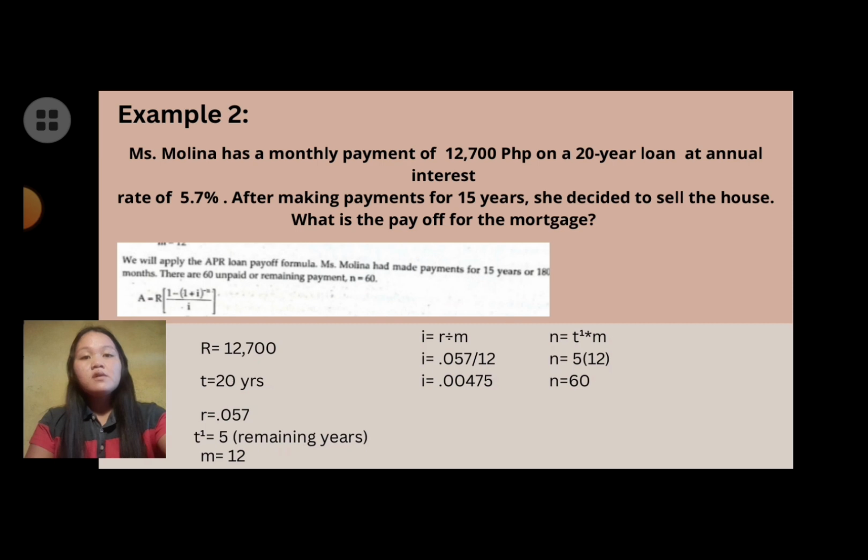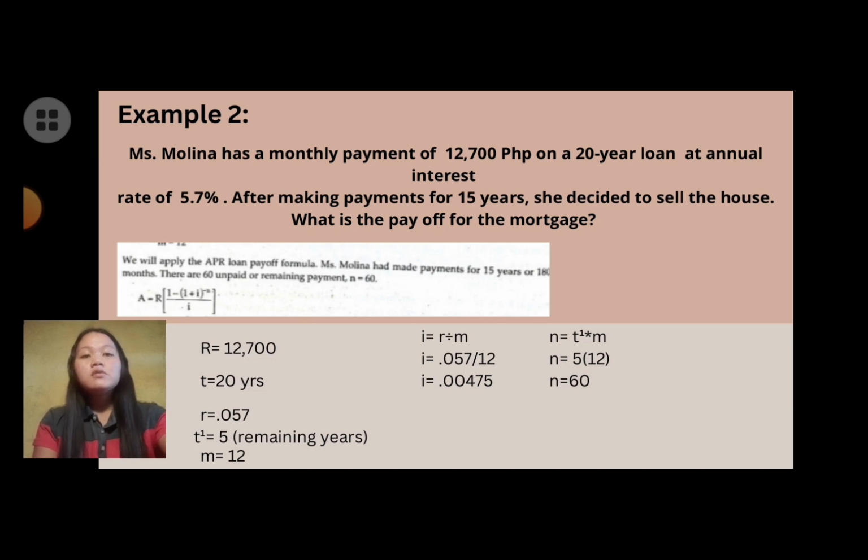So we will apply the APR loan payoff formula. In the example, Miss Molina had made payments for 15 years, and 15 multiplied by 12 gives us a total of 180 payments. This is a 20-year loan, and there are still 5 years that she has to pay in order to complete the 20-year loan.